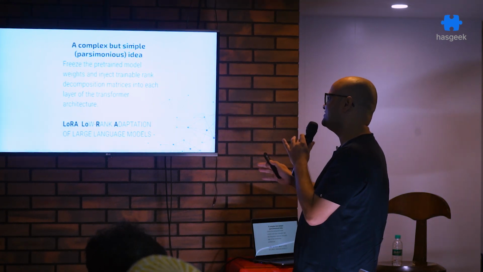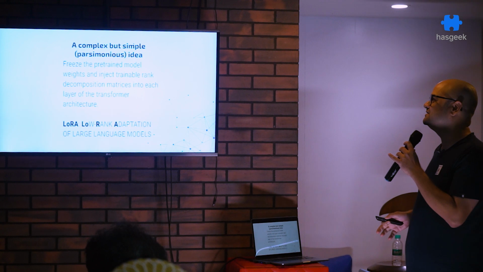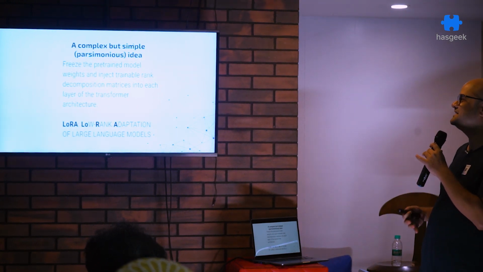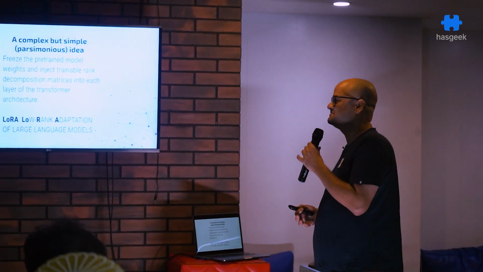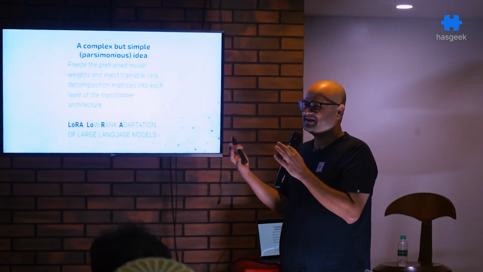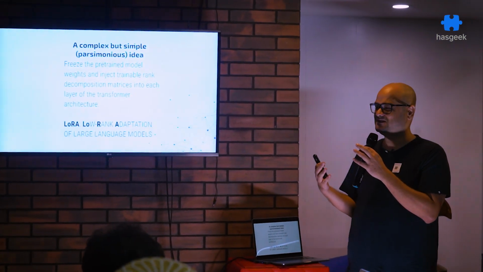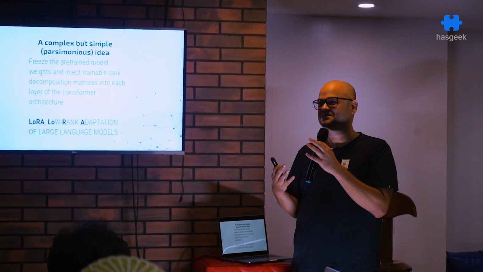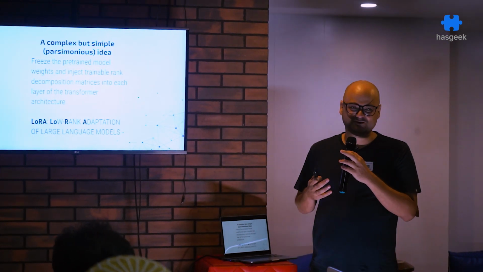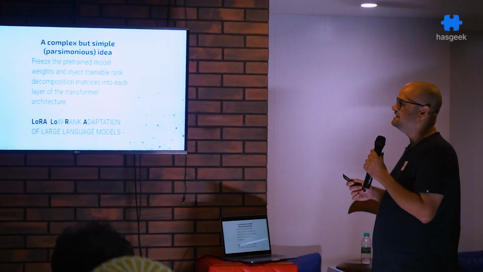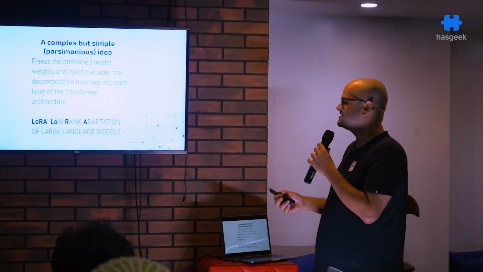And here is another slightly complex idea, but it is simple in the sense that it's parsimonious. It fine tunes only the parameters that it needs to tune. So it is very parsimonious in that sense. And this is of course LoRA.